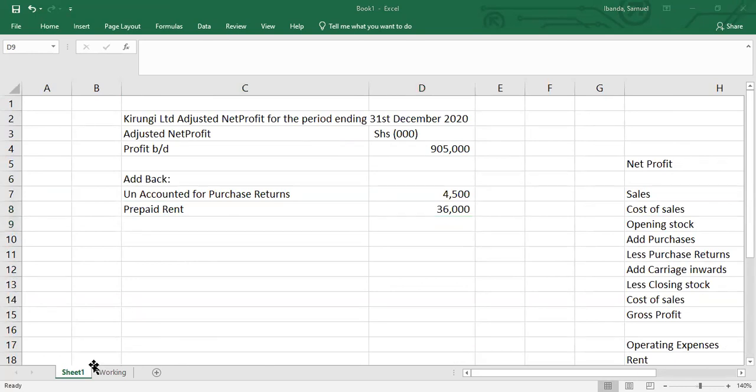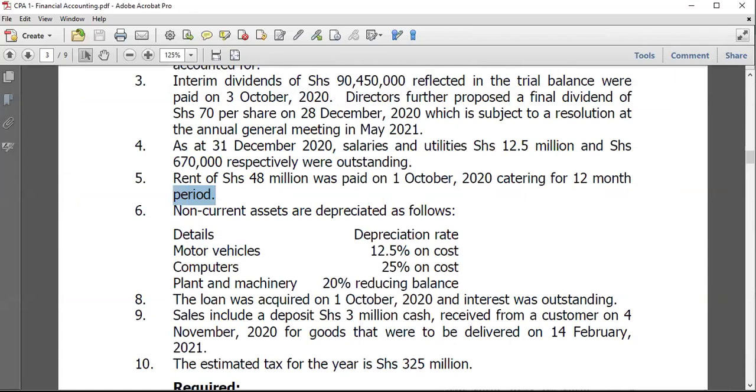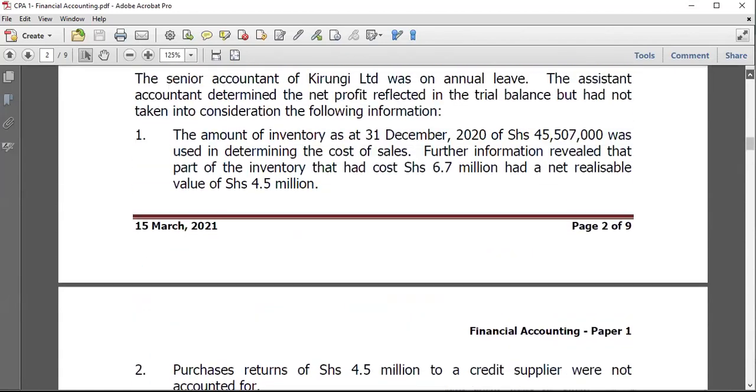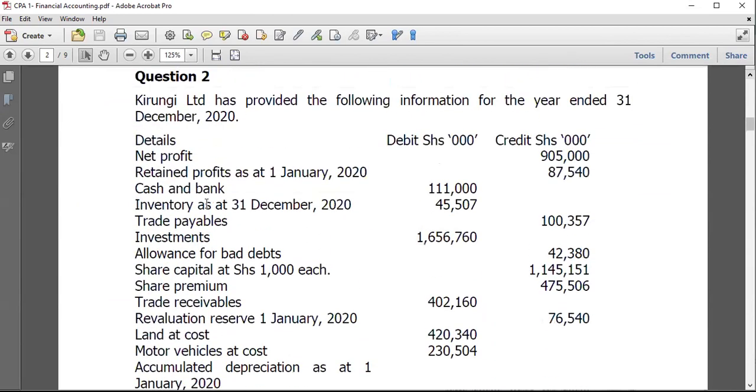Now, somebody will ask, so what do you do with what has been recognized for rent? By being given this additional information, remember, when you look through our trial balance here, we already have a rent amount.